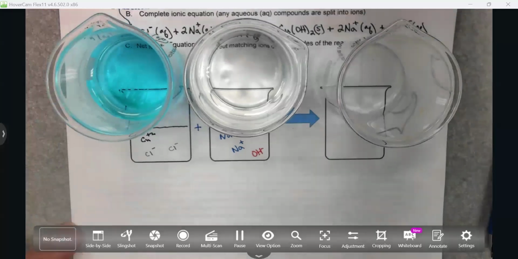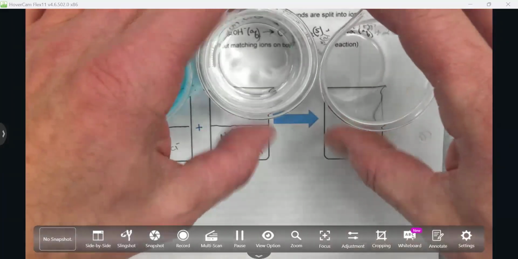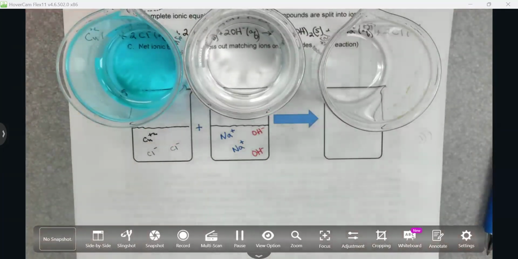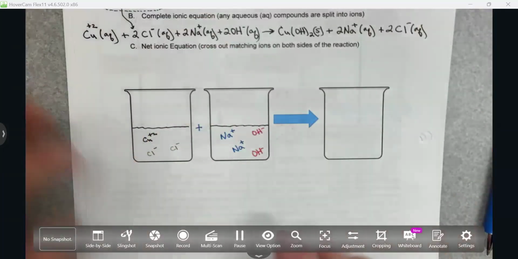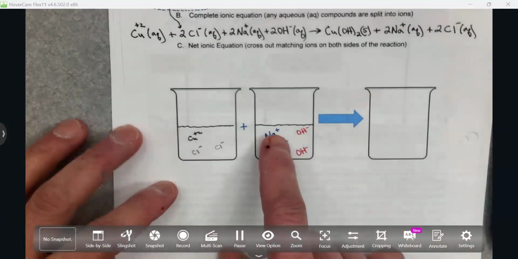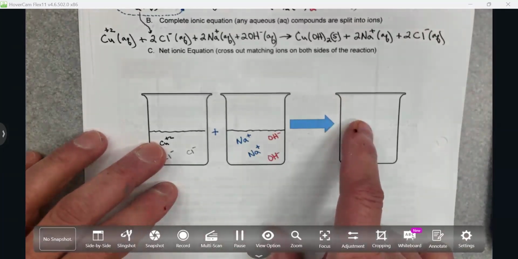Now, you might say, well, why do we switch to positives? I'll explain it to you like this. This is a house party. This is a different house party. And this is a third house party.